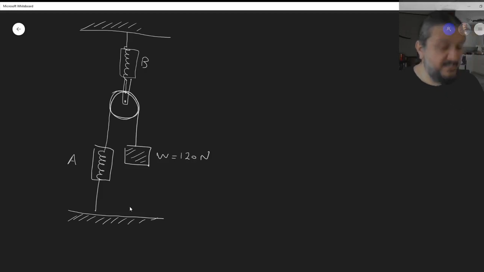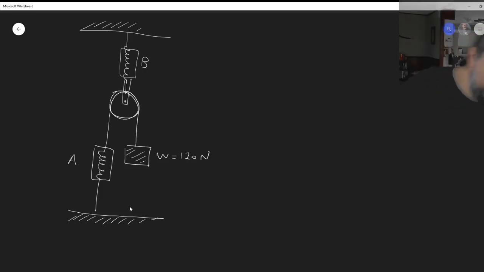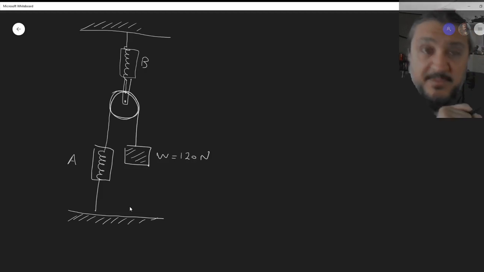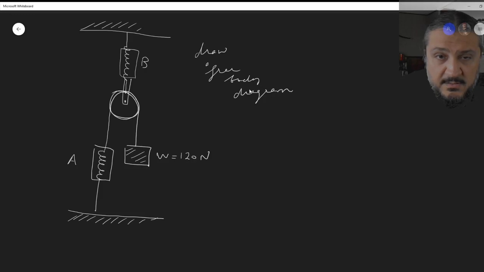What are the readings of the two spring scales, A and B? In other words, what are the forces there? Ignore the weights of the rope, pulley, and scales. Okay, so why don't we draw a free body diagram?